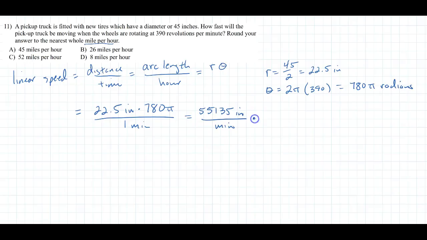So I'm going to do a couple conversions. First of all, when we convert, we want to get rid of the unit by putting it on the bottom, or by canceling it out, essentially.